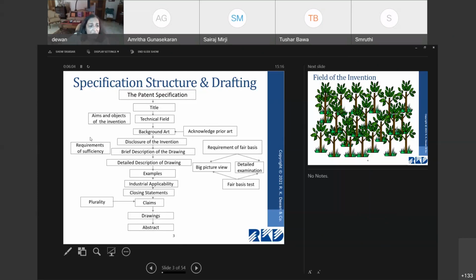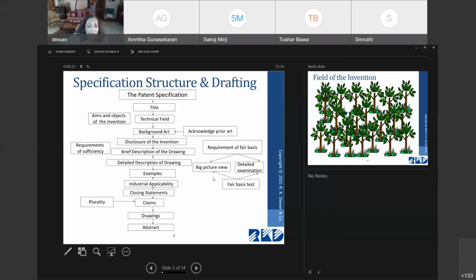Okay, so now this part here. Basically, these are the aims and objects of the invention. This disclosure and brief description and detailed description is the requirement of sufficiency and the requirement of fair basis. These two things we need to take care of.